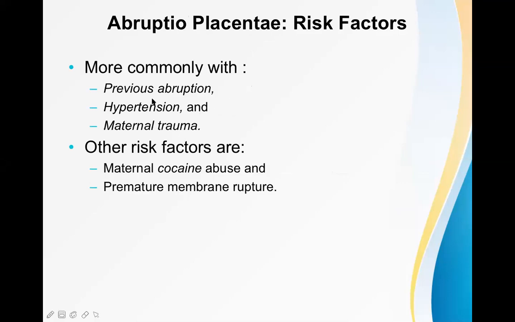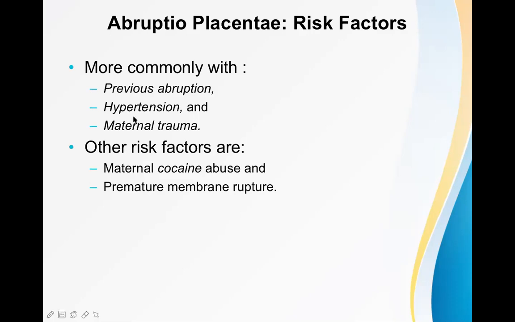Abruptio placentae occurs more commonly with previous abruption. For example, this lady is parity 2 or parity 3, and in an earlier pregnancy she already suffered from abruptio placentae. So in this pregnancy also there is a high risk. That is one point.